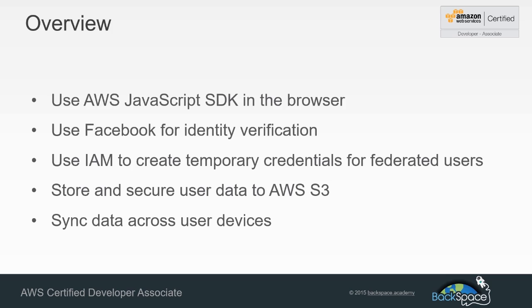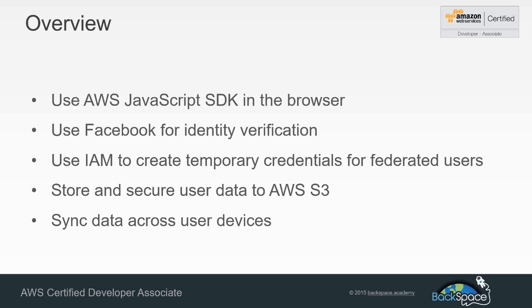So it helps us to create a temporary credential to access data, access AWS services without compromising your account. That will enable those federated users to store and secure their own data in Amazon S3 without affecting your data and without affecting other user data as well. And then we're going to allow that to be synced across all of the users' devices.